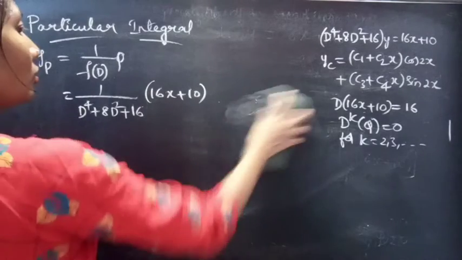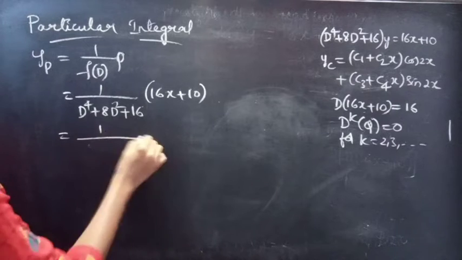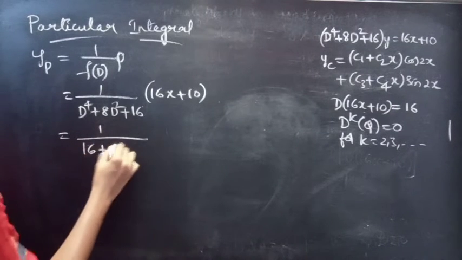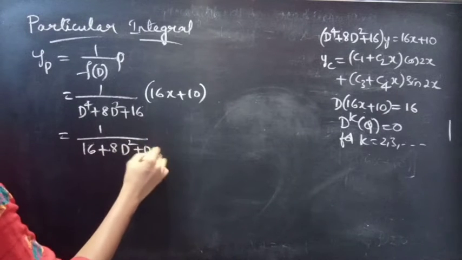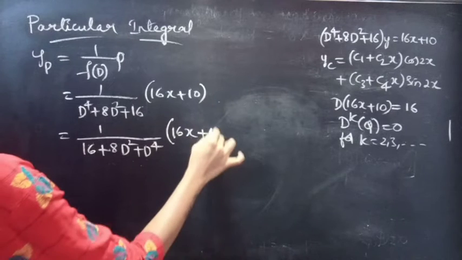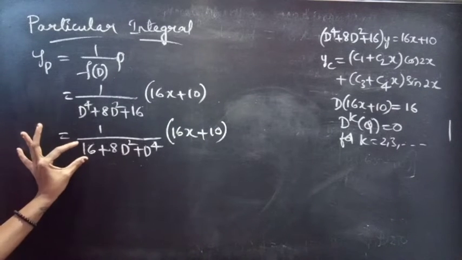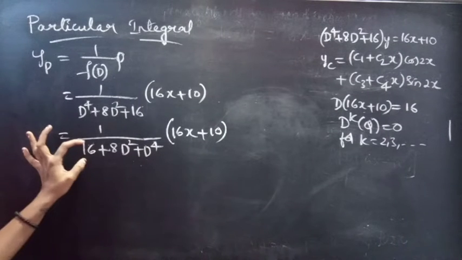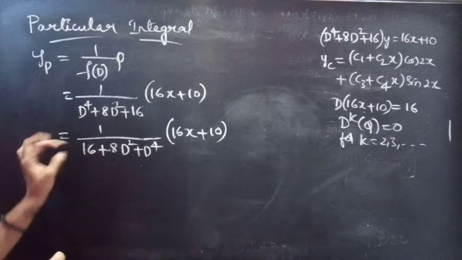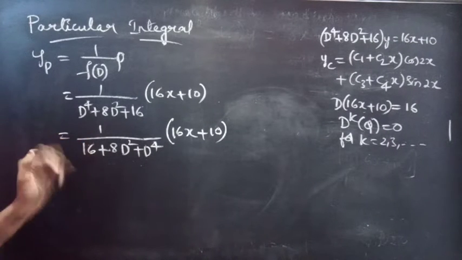Fine. Now coming to yp. Now let's write it in ascending order: 16 plus 8d square plus d power 4, for my convenience, I am writing like this, into q. Now, we can take the lowest degree term outside. That means we'll take the lowest degree term common from all the terms. So here 16 is the lowest degree term, so we need to take 16 common from all the terms.